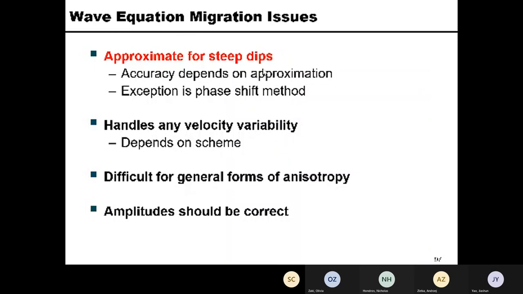Okay, so in general, migration involves approximation. That's for steep dipping events, okay? And the phase shift is a very good one, up to 90 degrees. Vertical migration can handle velocity variation. That's good, but the difficulty is anisotropy.